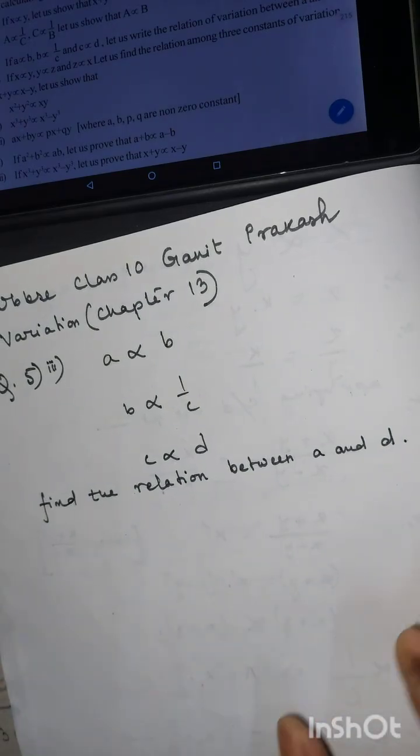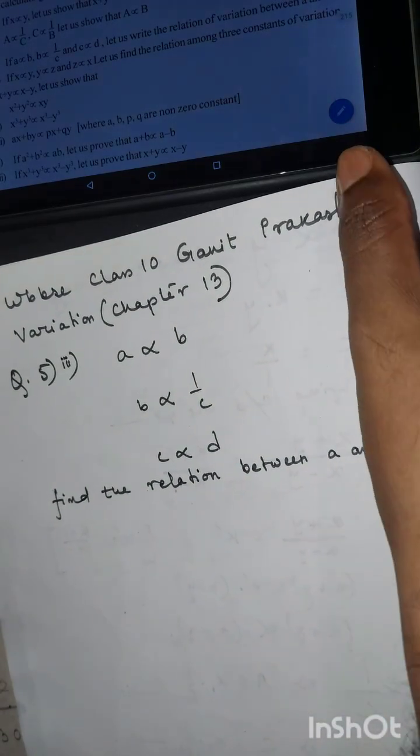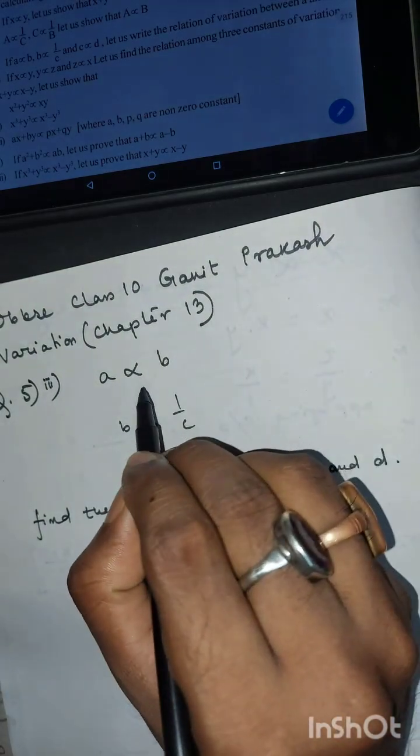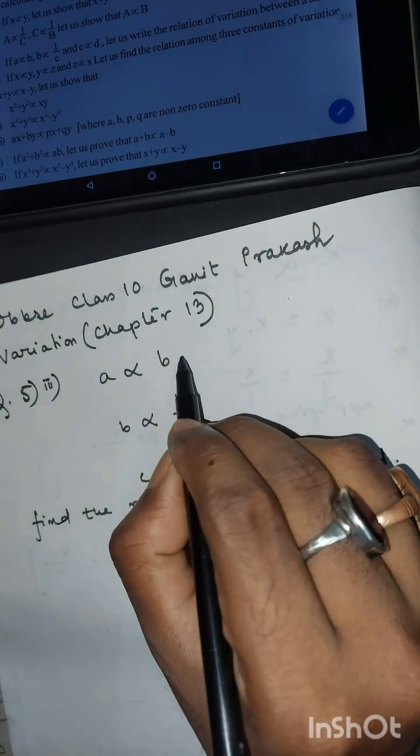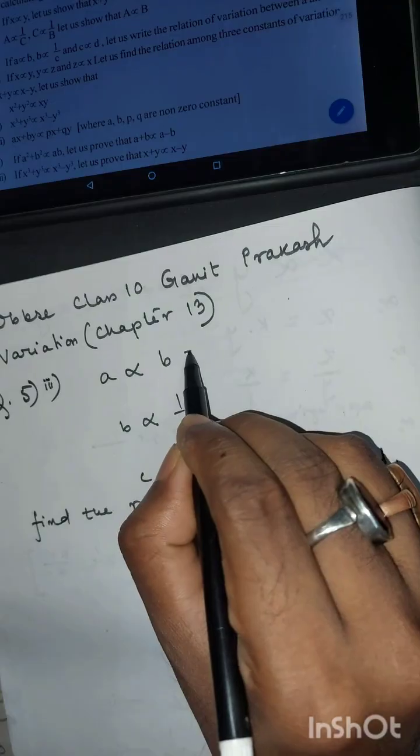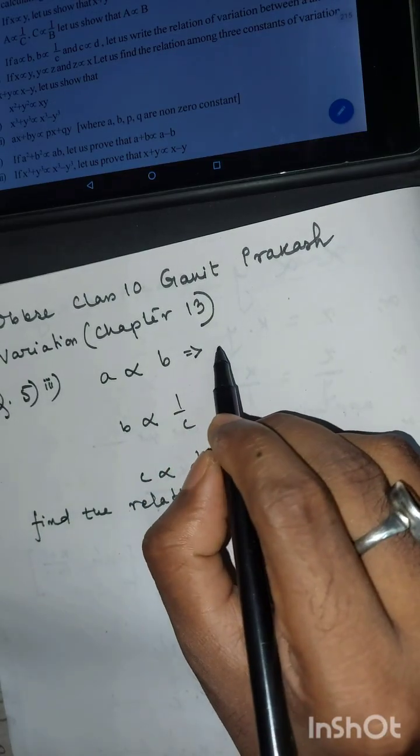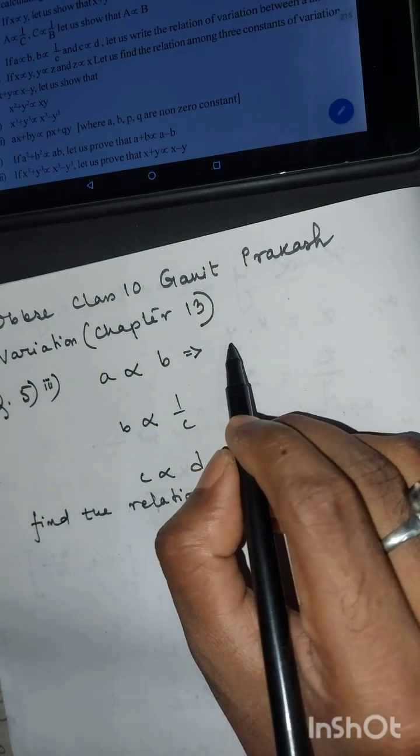Now, from this relation, if we remove the varies as sign, this is converted to an equation.